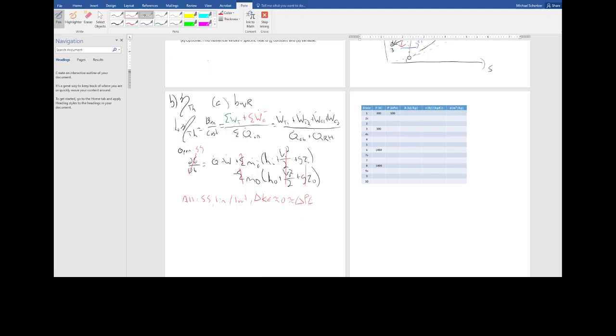Then I'm going to say turbines and compressors are adiabatic. That's going to tell me that W dot is equal to m dot times h in minus h out. And if I'm talking about a combustor, it's going to be passive, which means that Q dot is going to be m dot times h out minus h in.